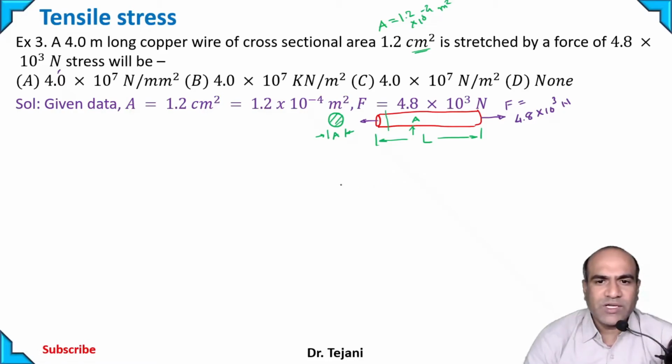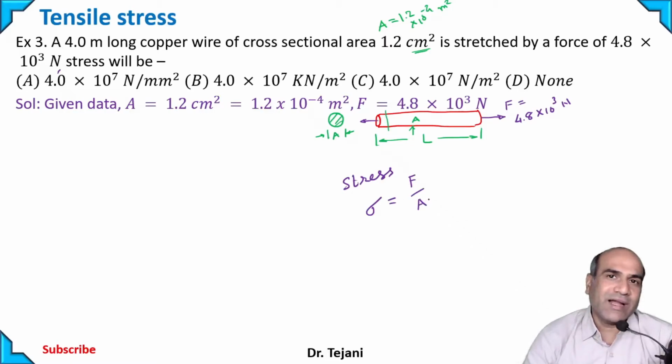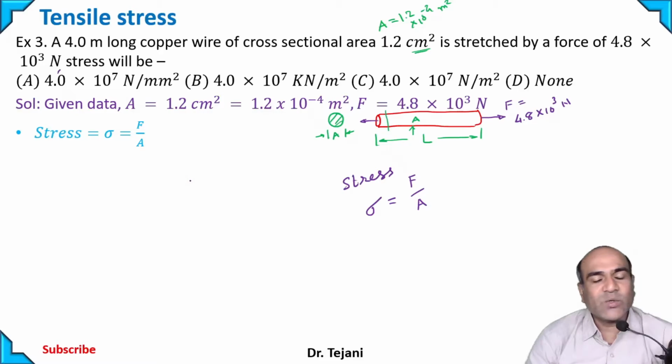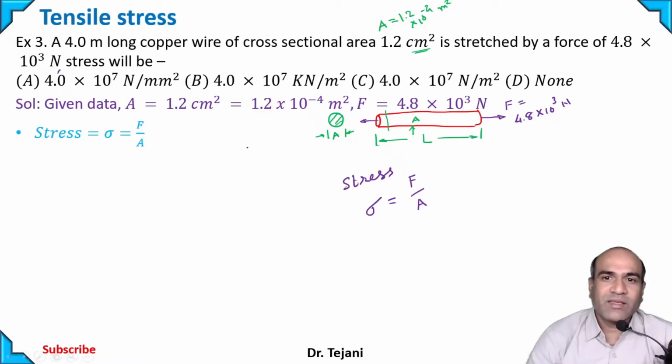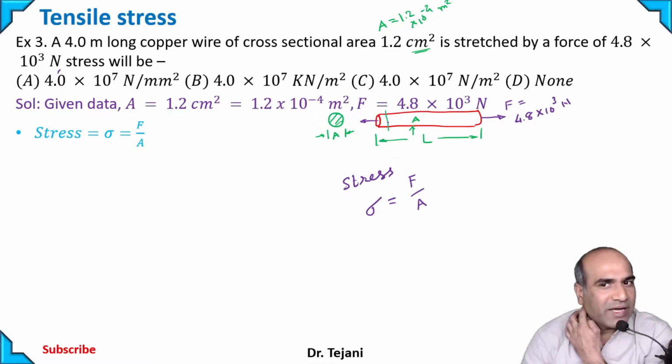What is the equation of stress? Stress is denoted by sigma and is force per unit area. Sigma is equal to force divided by area. Is force given? Yes, it is 4.8 multiplied by 10 power 3. And is area given?